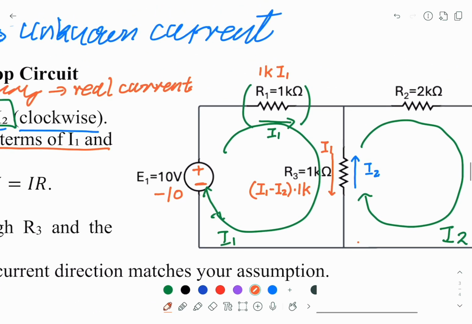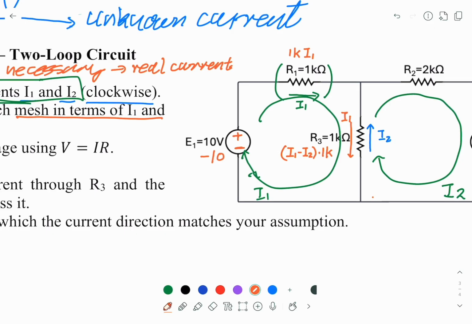Now, let's look at the left hand side loop, and we can say we have minus 10, we have 1k I1, and also we have I1 minus I2 times 1k. So the sum of these three terms must equal 0. This is what KVL says.